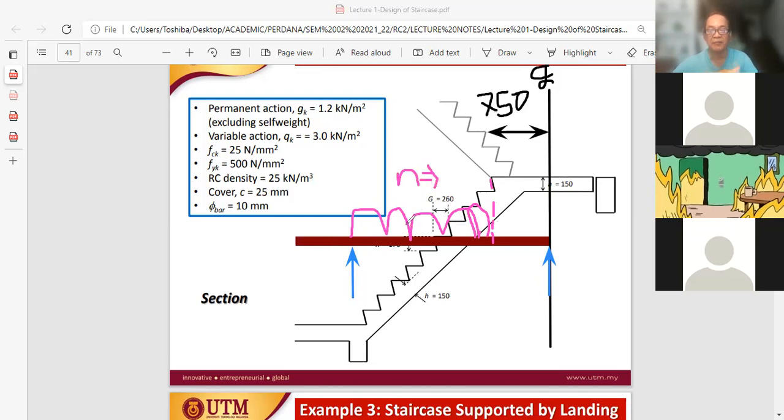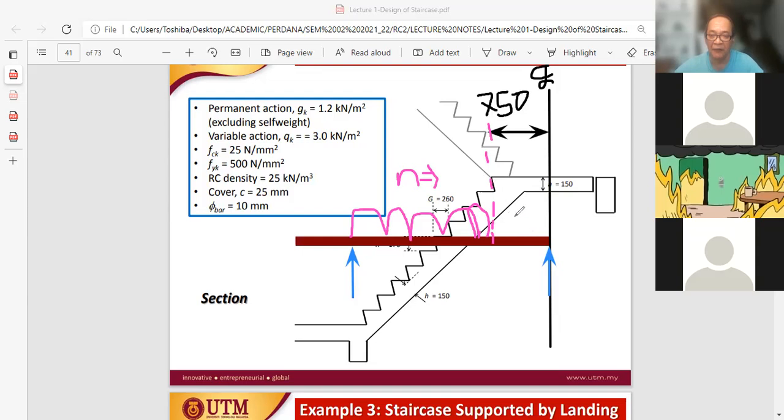Then this will be the loading on the staircase. It will start from one end at the center of the left support up to line 750. So the rest of the loading beyond 750 is zero. Beyond the line of 750, there is absolutely no loading.